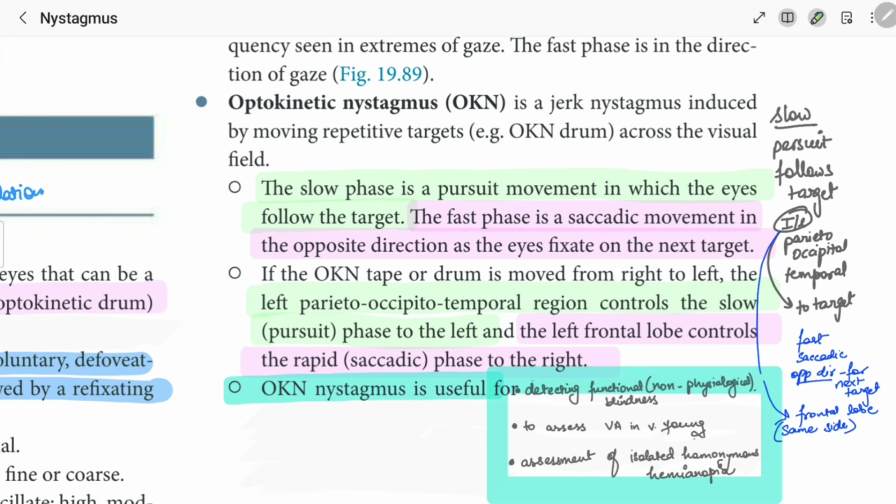Here the slow phase is controlled by the parieto-occipital temporal region of the brain, and this is ipsilateral to the target. Also, the fast phase is controlled by the frontal lobe, which is also ipsilateral to the previous target.